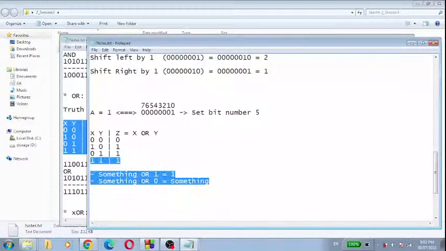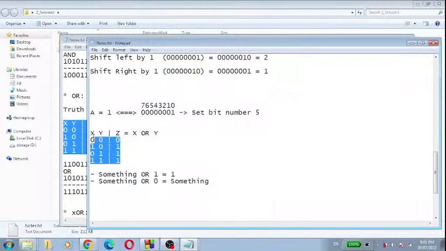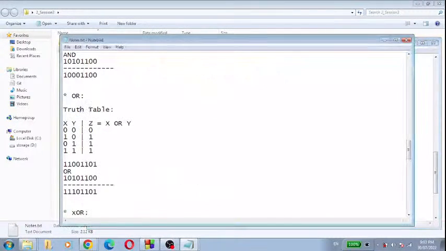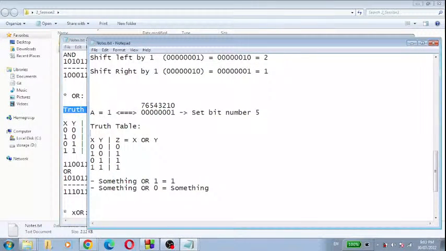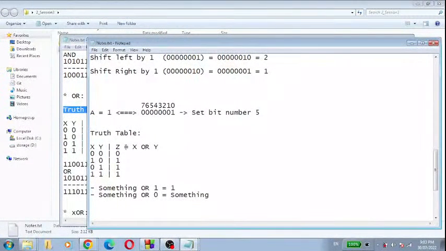These two results come from this truth table. I'm going to copy this here. You could see these two rules are present here actually. 0 ORed with 0, 0 ORed with 1, 1 ORed with 1, these three represent this rule, and these three rules also represent this rule.